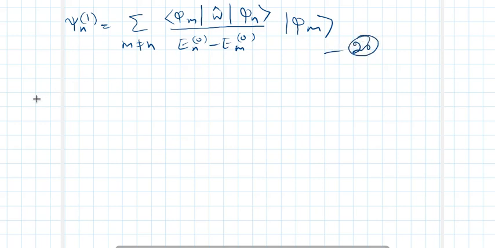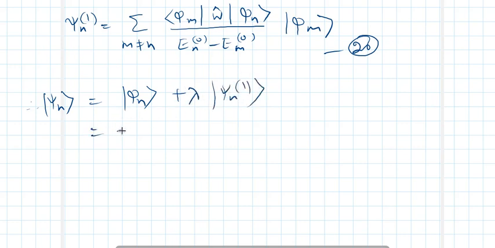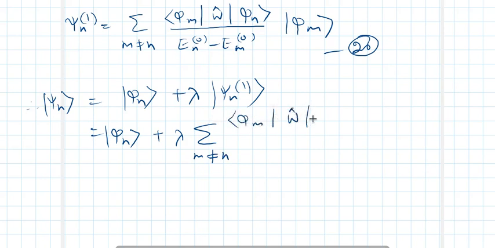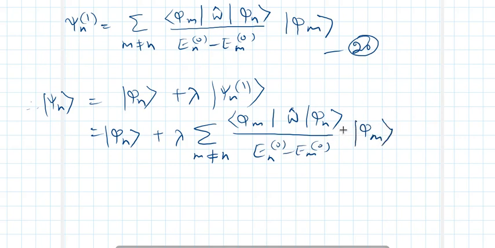Therefore psi n will become phi n plus lambda psi n1, it is equal to phi n plus lambda summation m is not equal to n, phi m w phi n over En0 minus Em0, and it is phi m, and this lambda gets multiplied here and it will become hp.